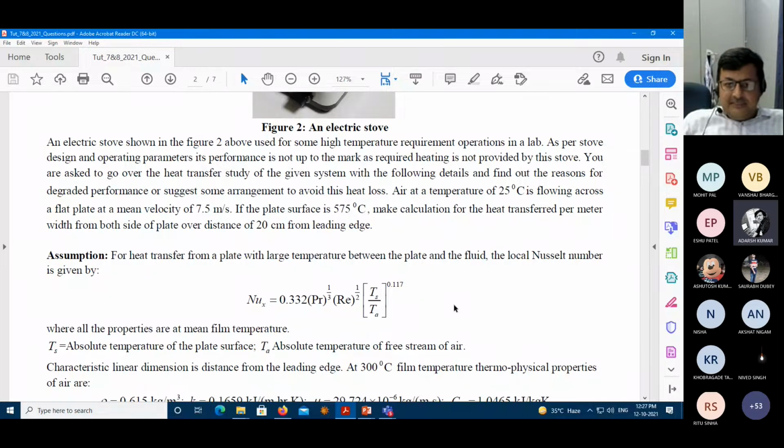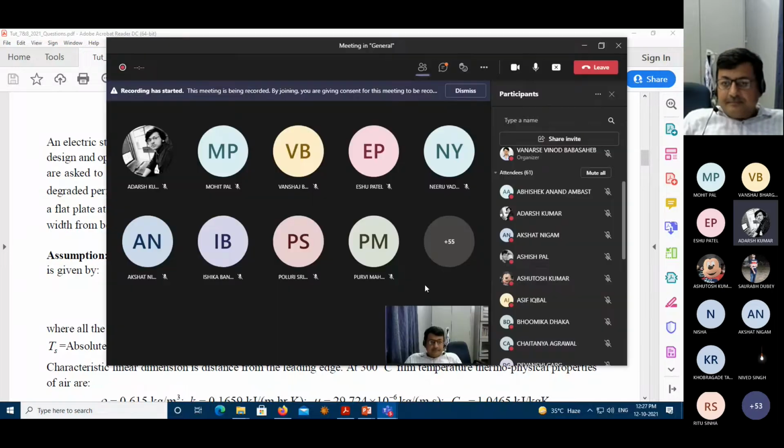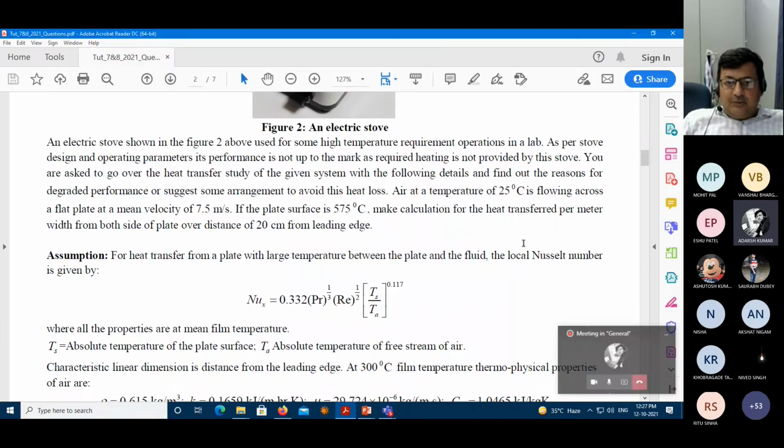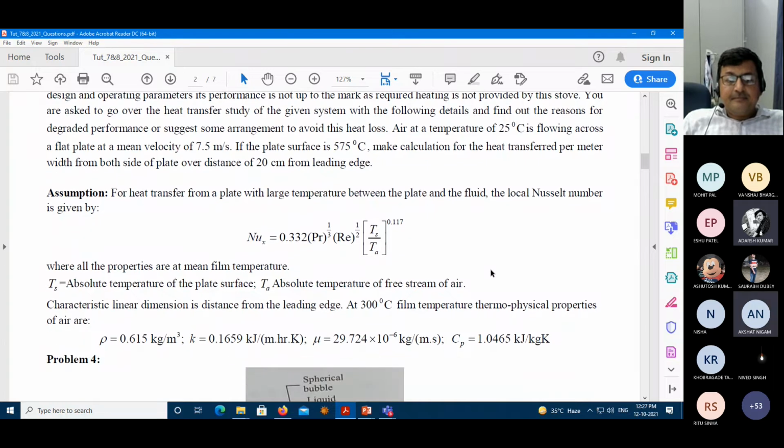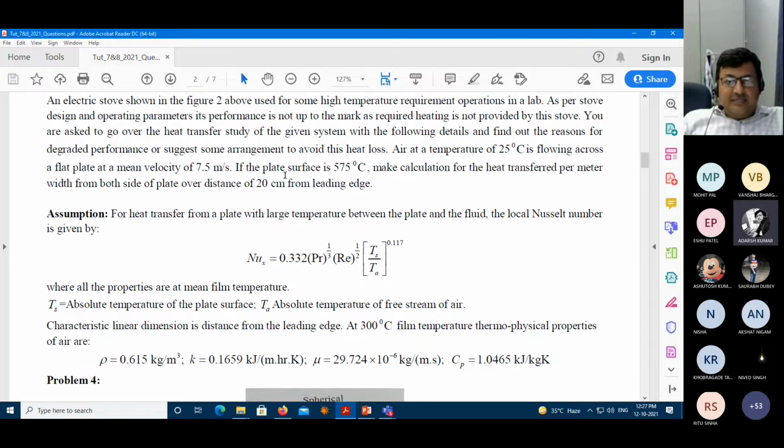Akshat, any idea? You have any idea how to attempt this problem? Yes, I'm thinking of it. So what are the things that you have here? You have the air velocity, right? 7.5 meter per second. Correct?